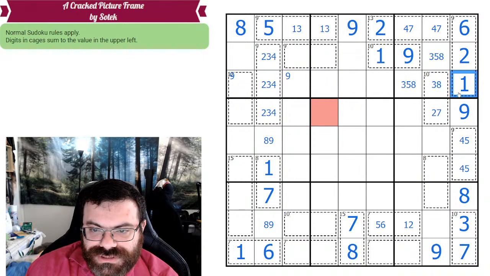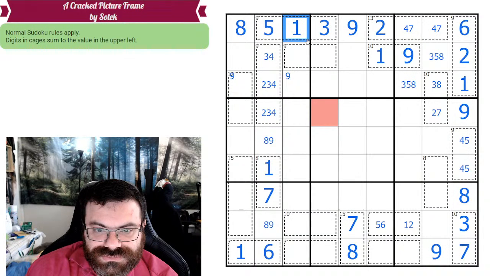That's a 2 and a 1. That's not 2. This is 3 and 1. This can't be 8. Can it be 7? 7, 2. So this can't be 8 or 7, because this would have to be 1 or 2.